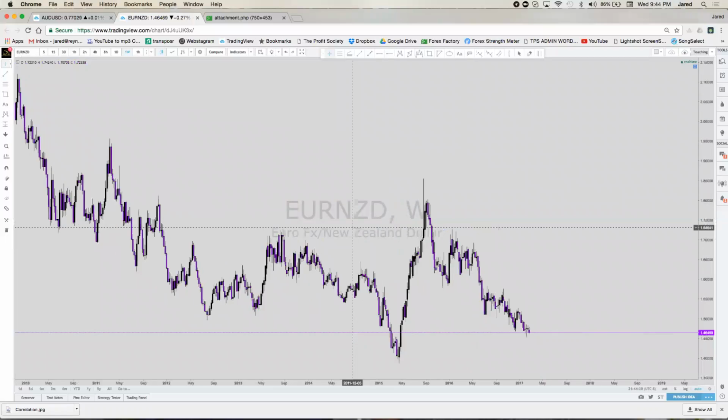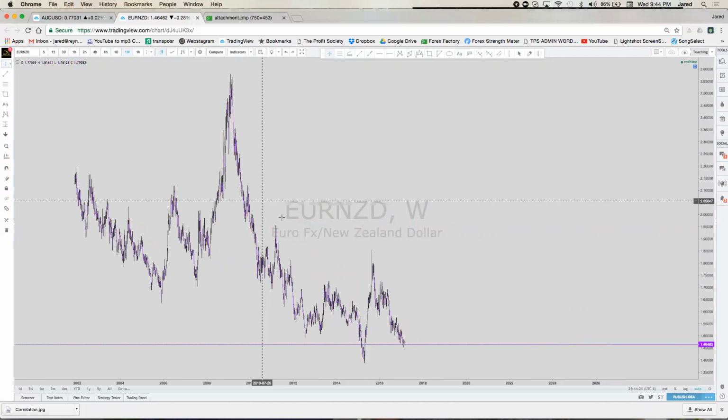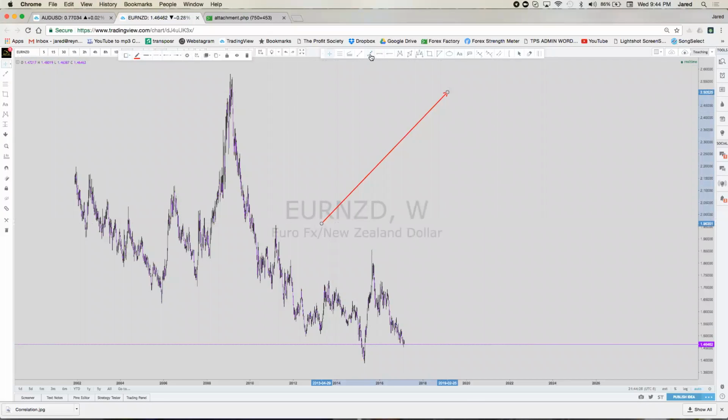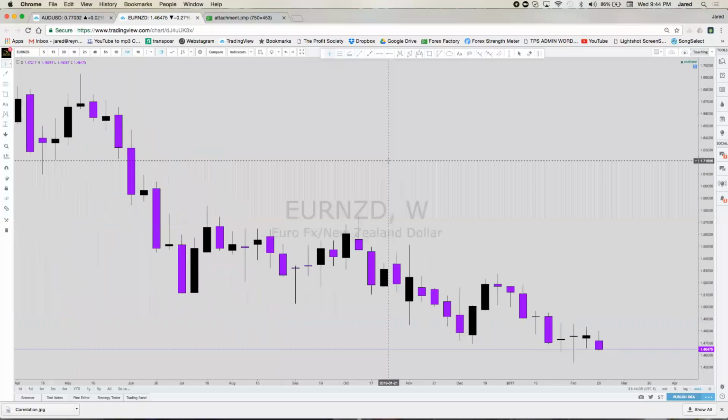But all right, weekly, we're in an overall downtrend. Price is not going this direction, but instead it's going this direction, right? Overall weekly downtrend. Look at the previous candles.